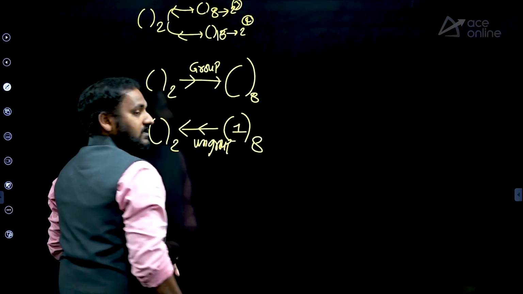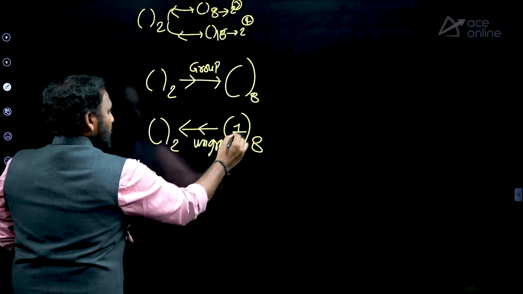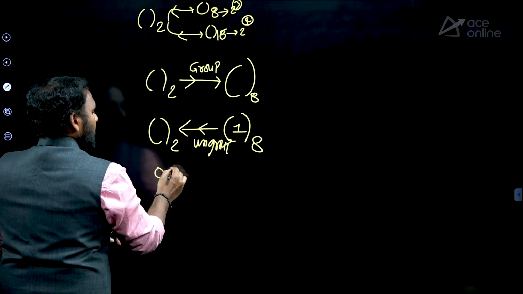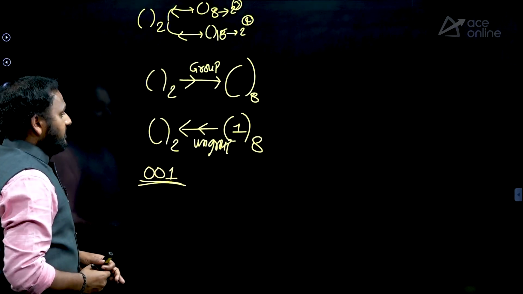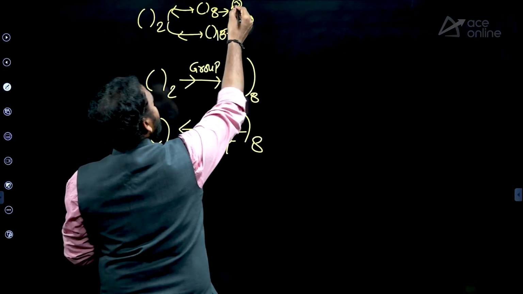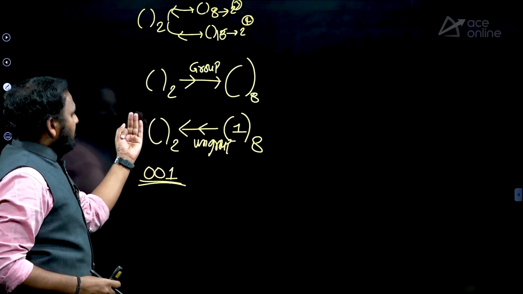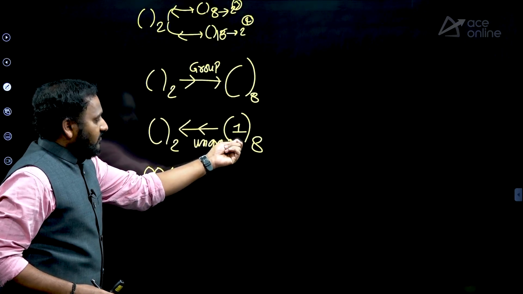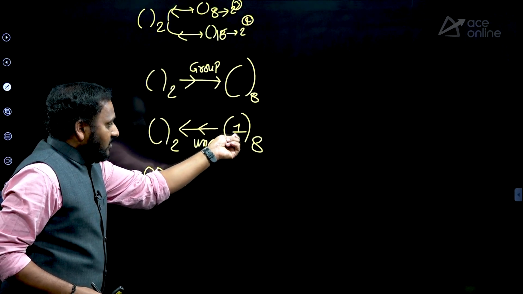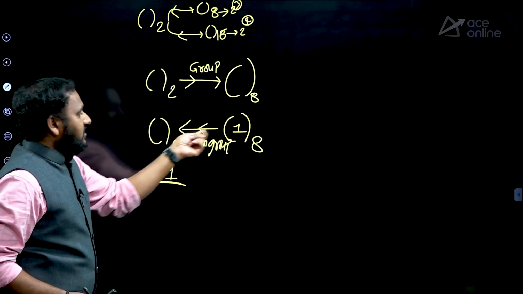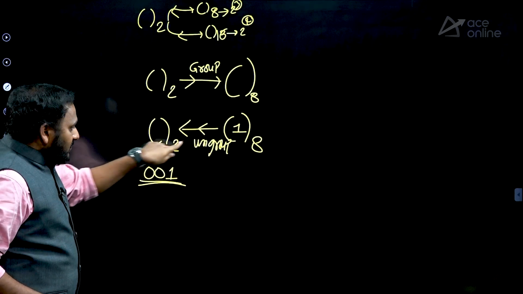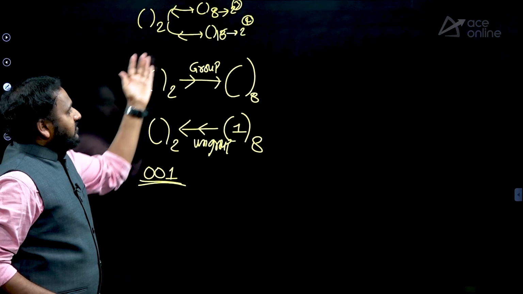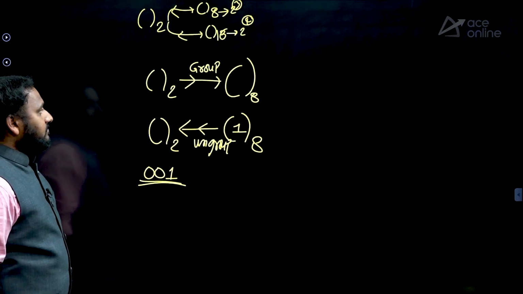If it is 1, you should not write it as a single 1 or 01; you must write 001, 3 digits, because 8 is equal to 2 power 3. You have to group 3 binary digits into a single octal digit, or ungroup a single octal digit into 3 binary digits, compulsorily. Right to left is ungrouping, left to right is grouping.